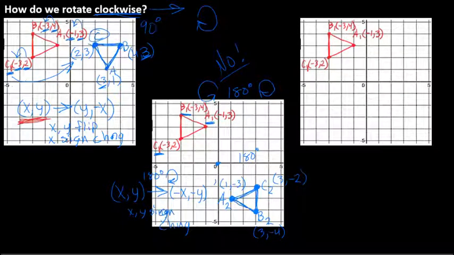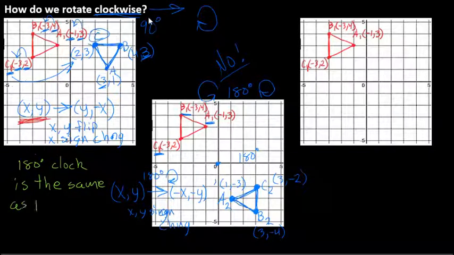I'll go ahead and write a little note. 180 degrees clockwise is the same as 180 degrees counterclockwise. So that's an important thing to note. 180 degrees in either direction looks exactly the same.